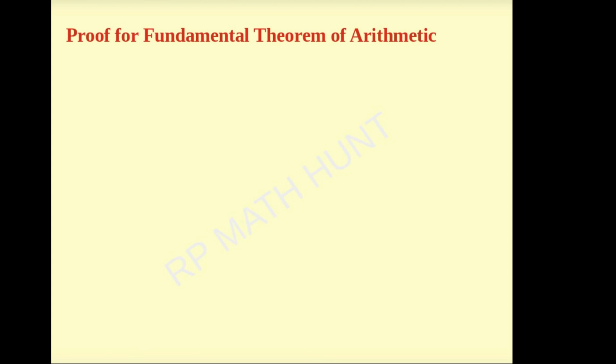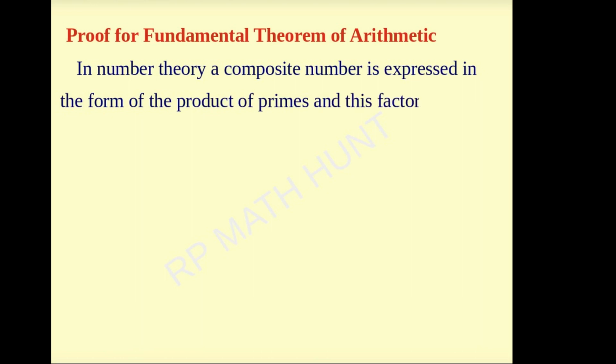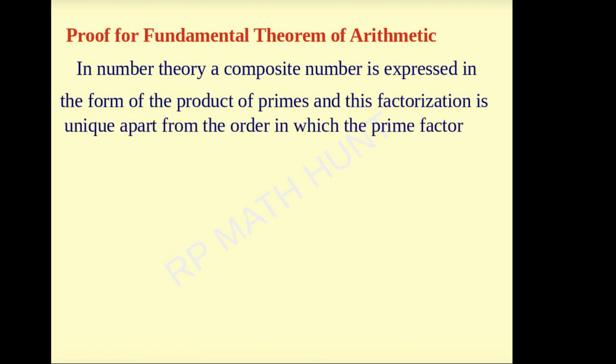Proof of the fundamental theorem of arithmetic. In number theory, a composite number is expressed in the form of the product of primes, and this factorization is unique apart from the order in which the prime factors occur.